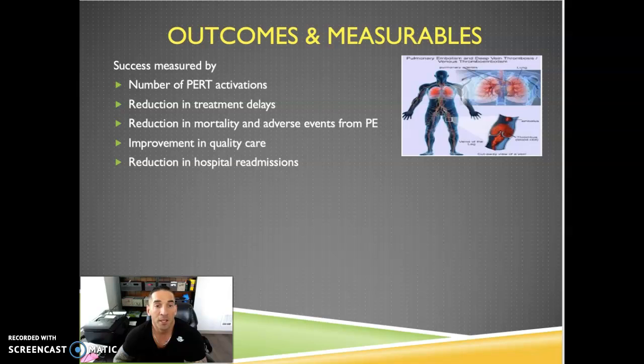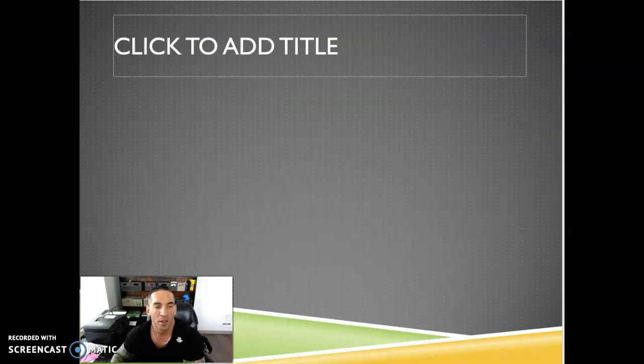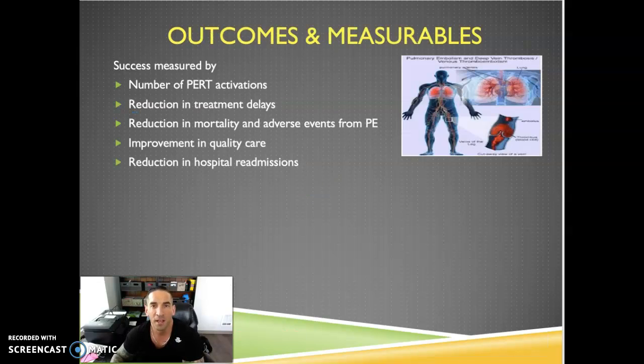And lastly, improvements in quality of care and reduction in hospital readmissions. There's some data that shows patients with pulmonary embolism who are discharged with their right ventricle still swollen, or RV dysfunction, are 8 times more likely to be readmitted to the hospital if that's not improved. So these are all interesting caveats to what can come from development of a PERT program.